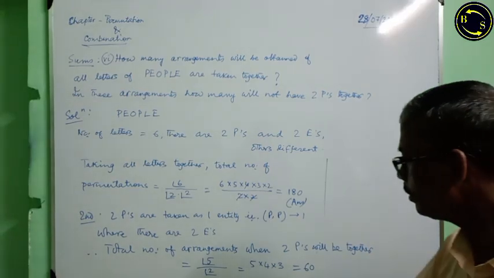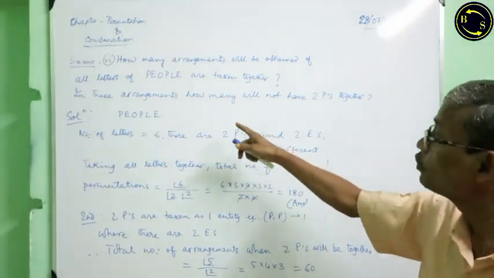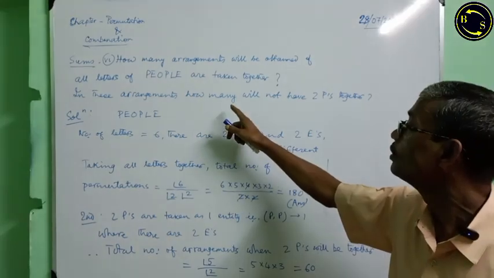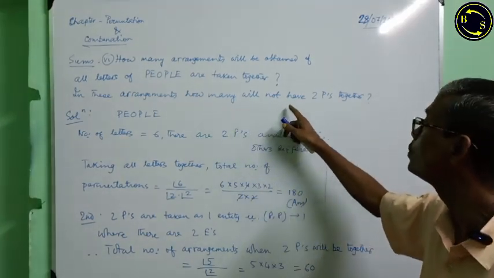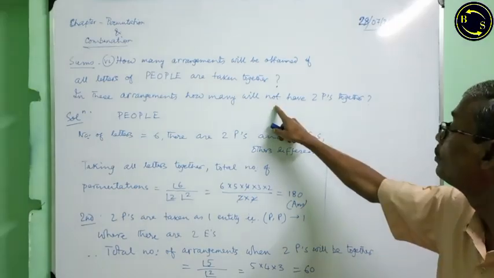Now, in these arrangements 2 P's are together, but we have to find the number of arrangements in which 2 P's will not be together.